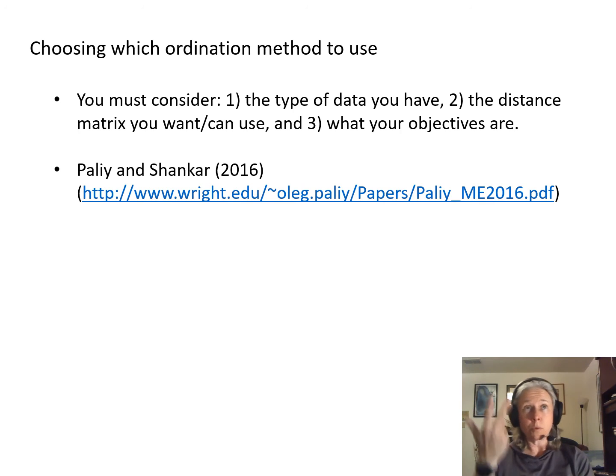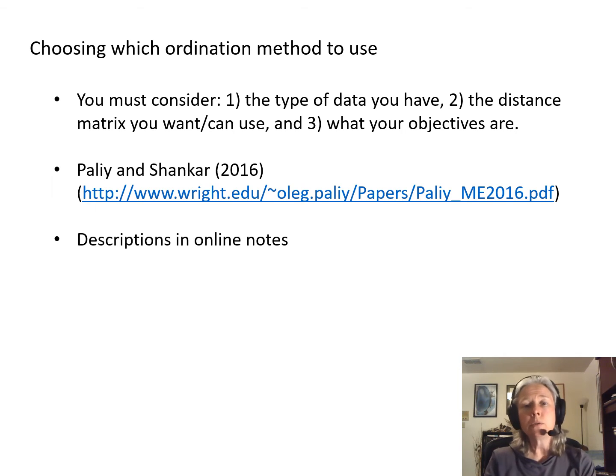And depending on what your objectives are, there are all these different ordination methods that you can use. And so which one you should use really is important to know. This paper does a really nice job of going through the types of data that are needed for different types of ordination. So I highly recommend this paper.